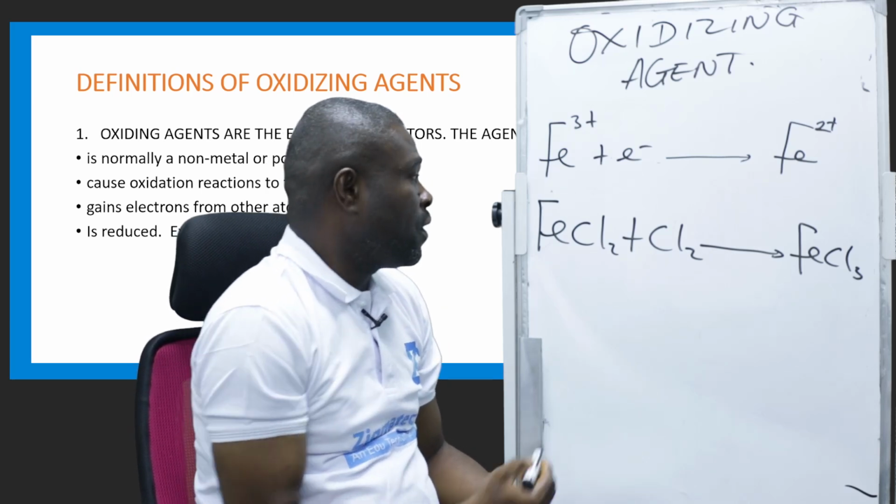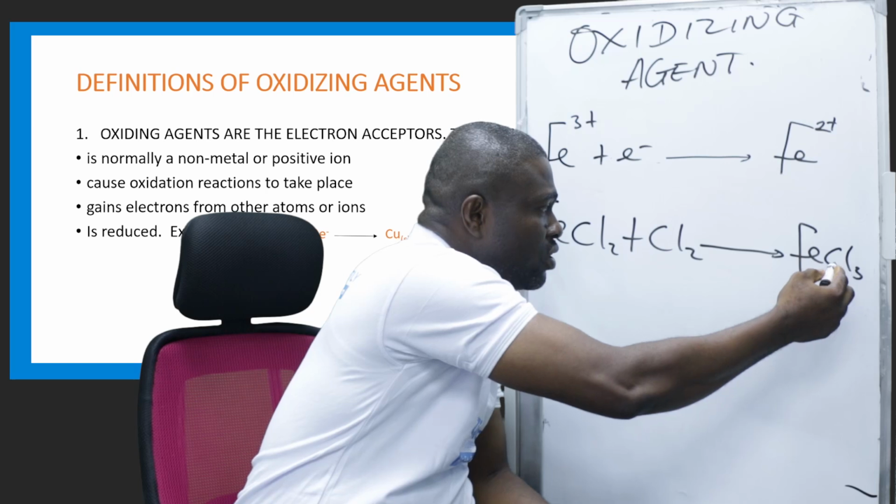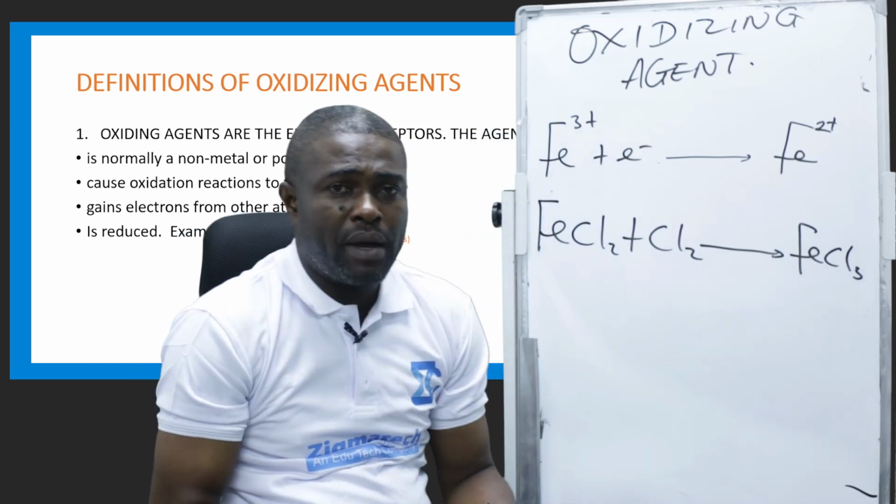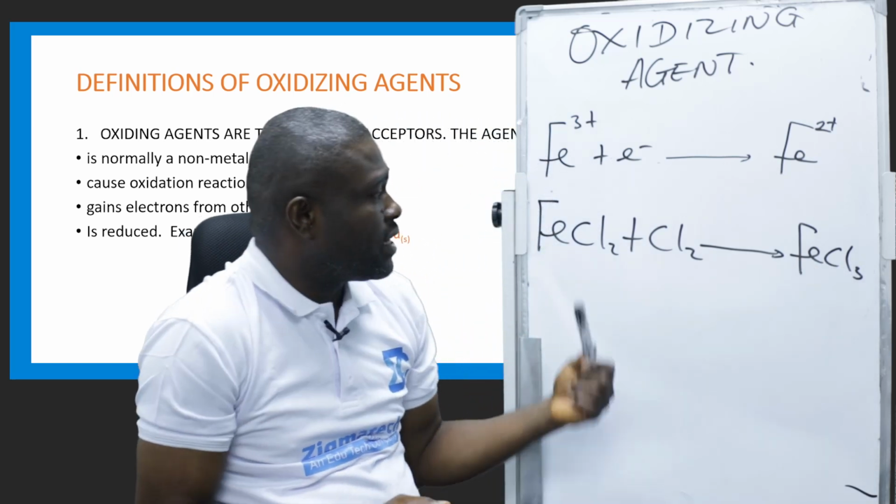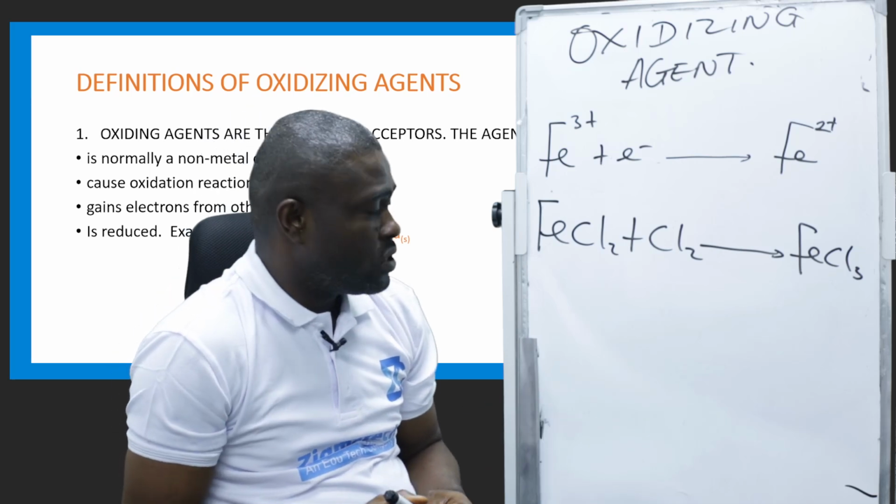Okay, can you see that? That means this iron 3 chloride is my oxidizing agent, while the iron 2 is the reducing agent.